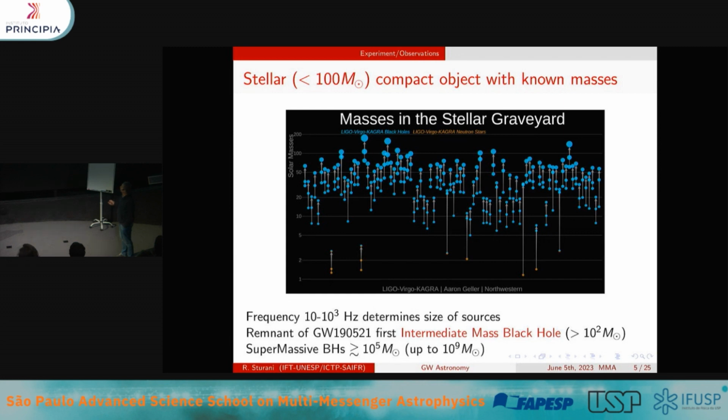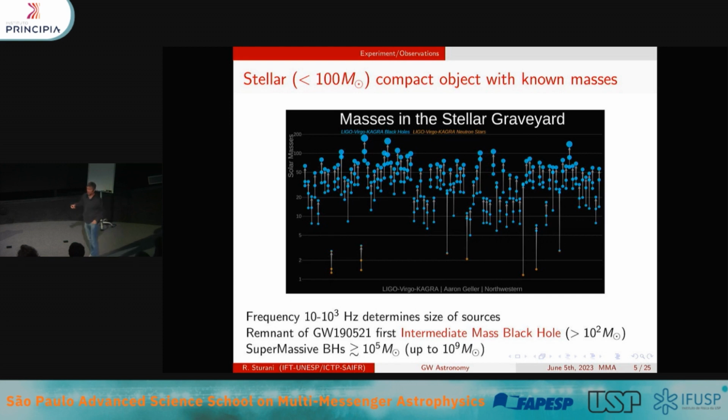If you subscribe pedantically to the definition that up to 100 solar masses is solar mass black hole, between 100 solar masses and 10 to the 5 is intermediate, and beyond 10 to the 5 is supermassive, then this system is basically the first ever detection of an intermediate mass black hole, just because it's the remnant of 80 plus 60, and then it was 100 and something. This is for the records, if you want to write a new line in the Guinness Book of Records.